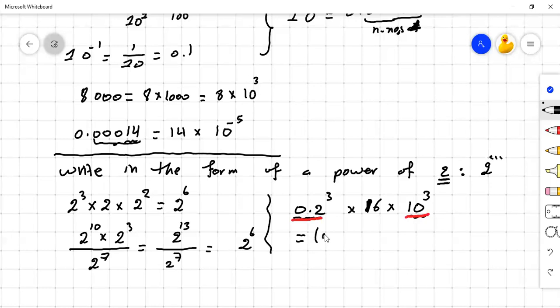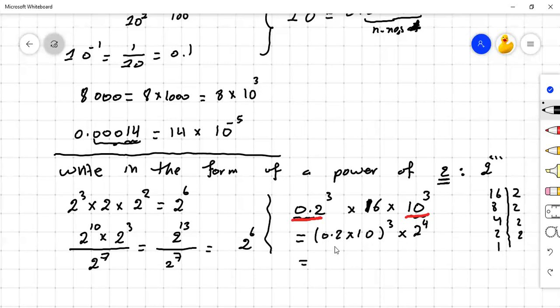So we can write 0.2 times 10 exponent 3 times 16. We can factorize 16, right? The prime factorization: divide by 2 is 8, divide by 2 is 4, divide by 2 is 2, and divide by 2 is 1. So it's 2 power 4.